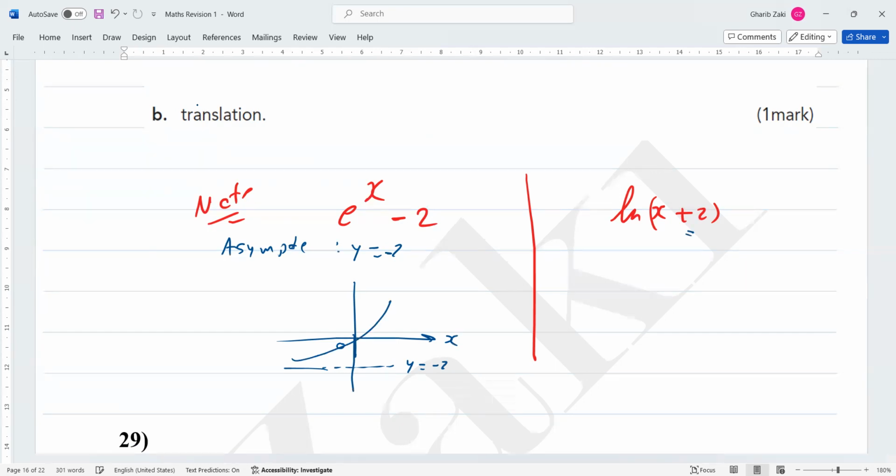What about this? When you equate this to 0, x plus 2 equals 0, x equals negative 2. So this is a vertical asymptote. When we draw this, x equals negative 2 is the asymptote, and the curve looks like this. So this is the difference between the asymptote in the case of e and the asymptote in the case of ln.